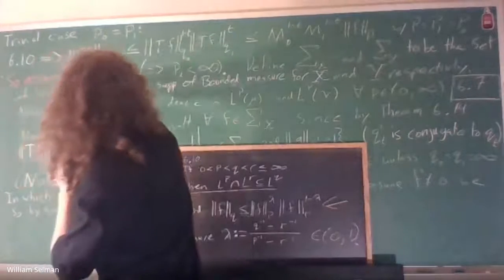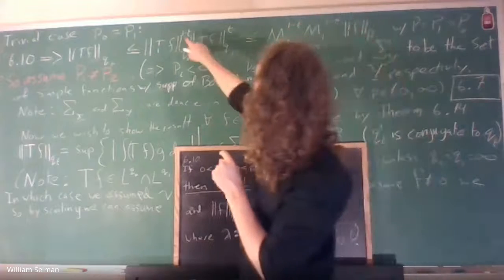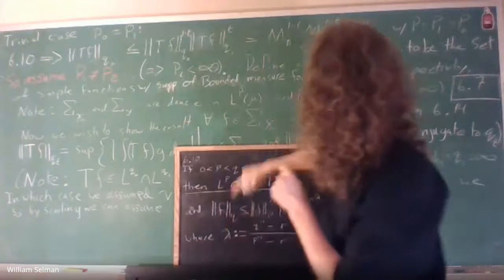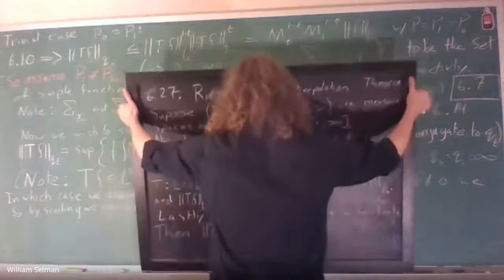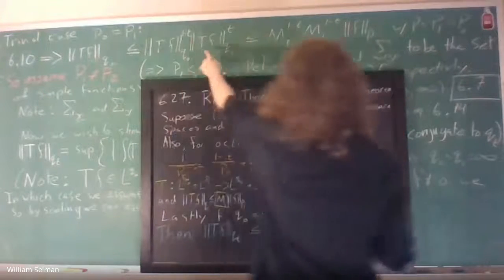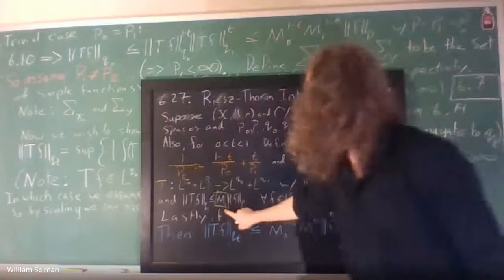So we get that the norm with respect to QT is less than those two norms with the exponents, but that's exactly how we defined, if we go back to the statement of the theorem, our M naught and our M1.